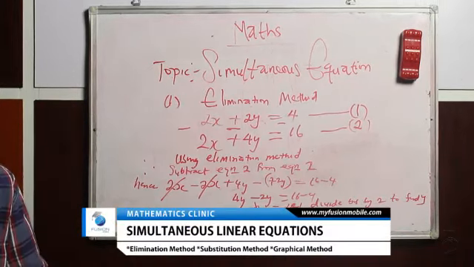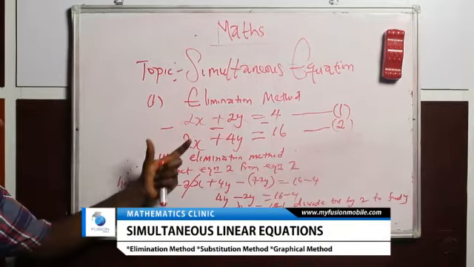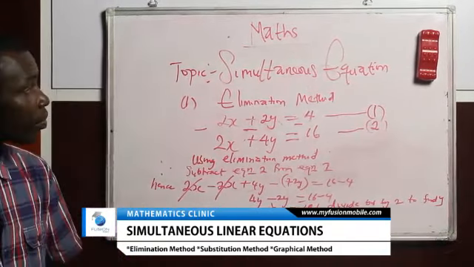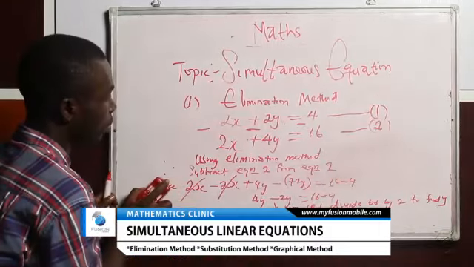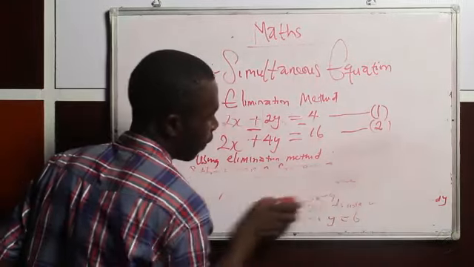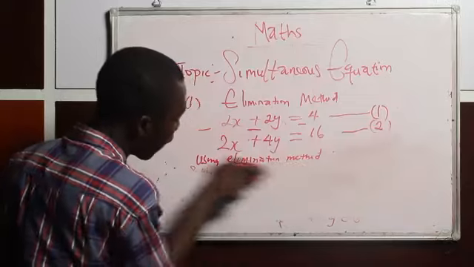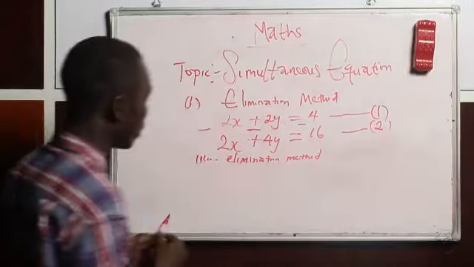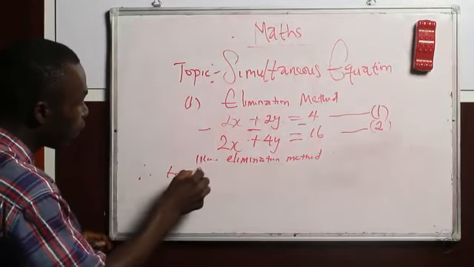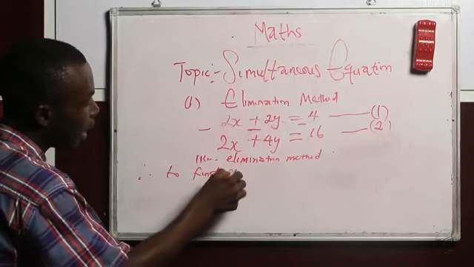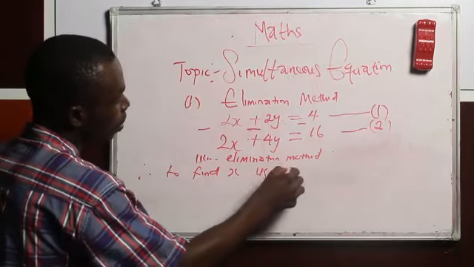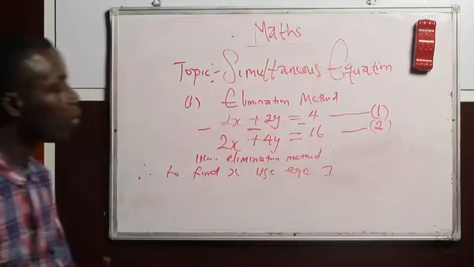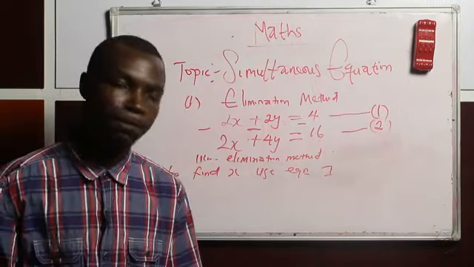But we need to find the other variable, and the variable is x, because we have eliminated x to find y. Therefore, to find x, we can use equation 1.